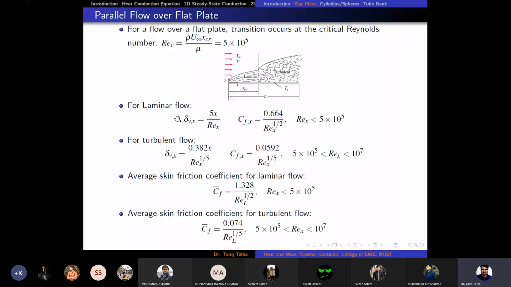But our main interest is the Nusselt number correlation, right? Because in the case of convection, we want to know the h value. On this slide, there is no mention of any heat transfer, Nusselt number or h value calculation.